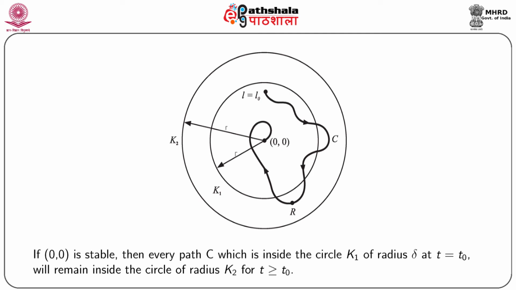It means that at time t equal to t0, if the path is inside this circle k1, it will definitely be inside this circle k2 if the system is stable.